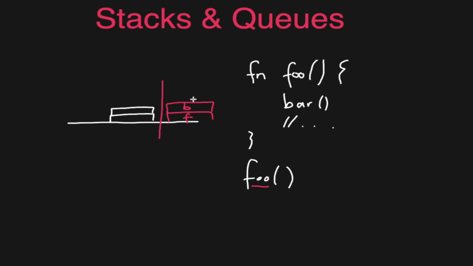The reason the stack data structure works for the call stack is because when our program is being executed, it runs line by line. But if a function's called, it executes those lines in the function first. So this reference to foo is the first function that's being called, but then foo calls bar.